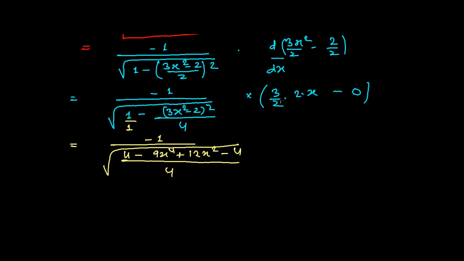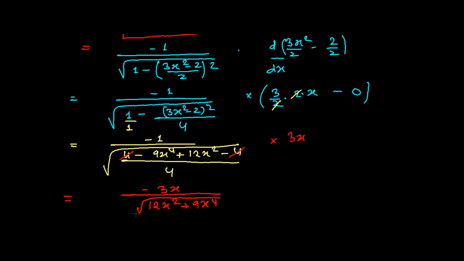And now this 2 and this 2 will cancel, so in multiplication you will get 3x. Now this 4, so 2 will come outside. So it is minus 3x divided by, now minus 4 and plus 4 will cancel, so you'll get 12x squared plus 9x to the power 4.